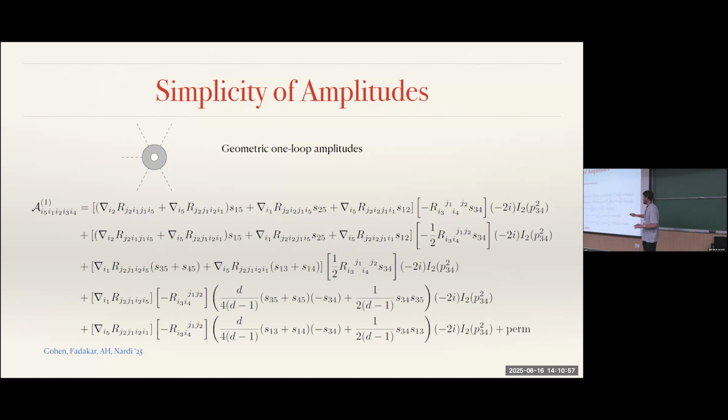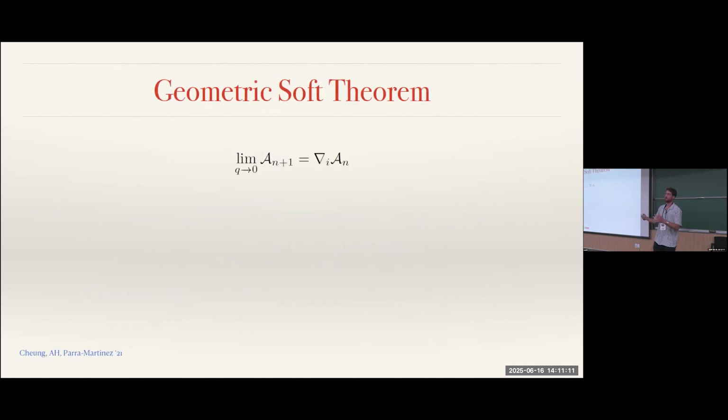Don't be intimidated by the expression, but the point is that all the terms in the coefficients are geometric quantities. Great. That's a sort of simplicity that the amplitudes have, without assuming anything about symmetries or special properties.